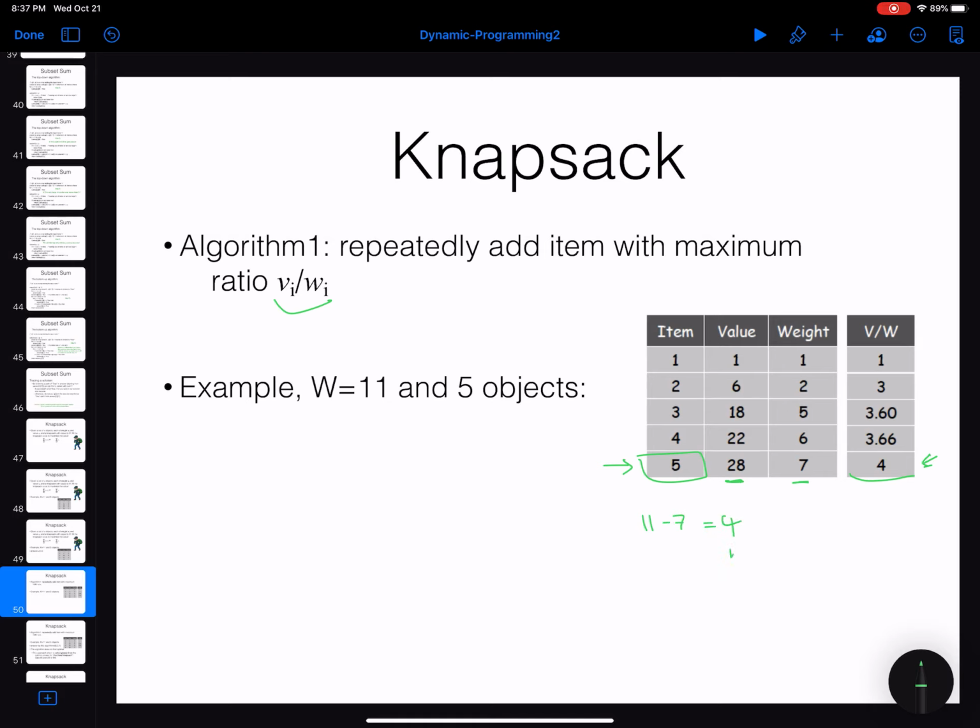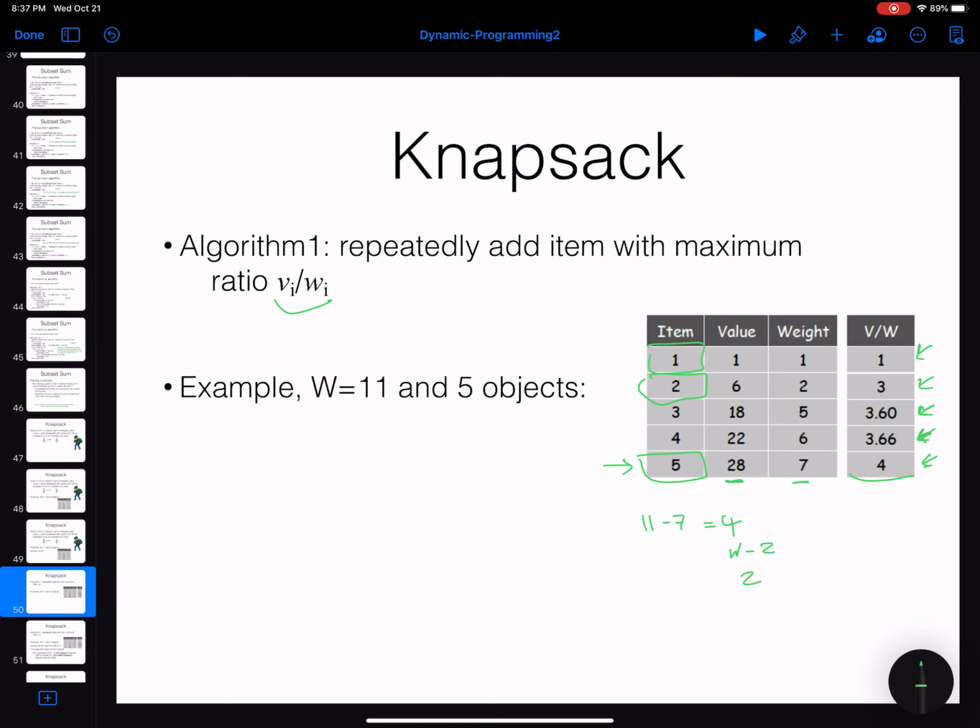With weight 4, you cannot take this item, and you cannot take this one. How about this one? Yes, I can take item 2. The weight is 2, so the remaining weight is 1, and then you can take this object.